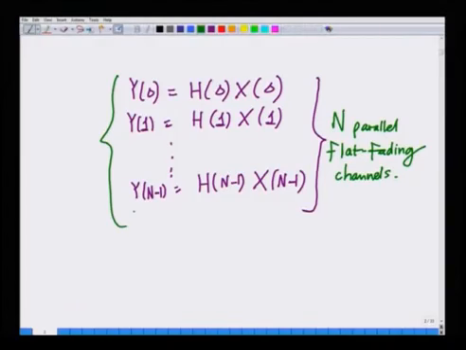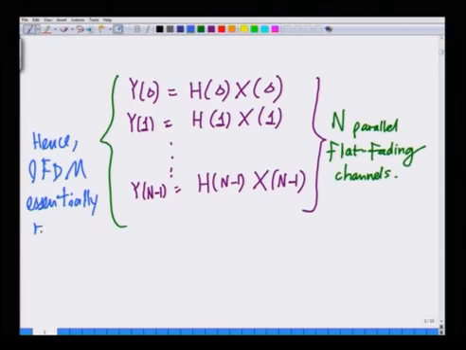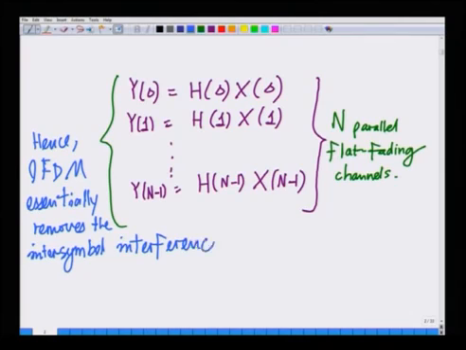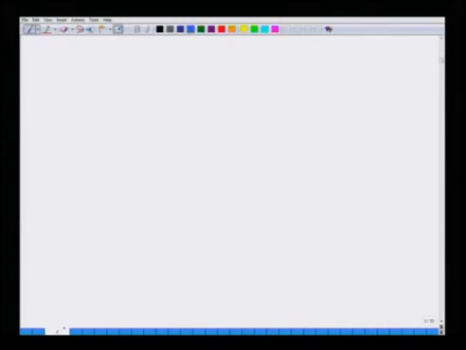Hence, OFDM essentially removes the effect of intersymbol interference.